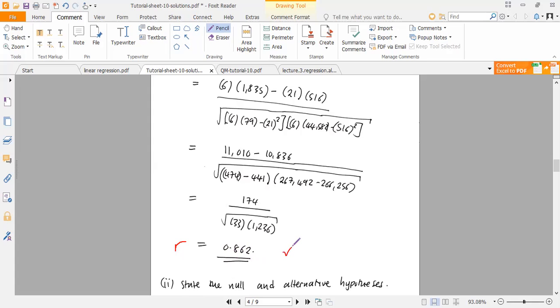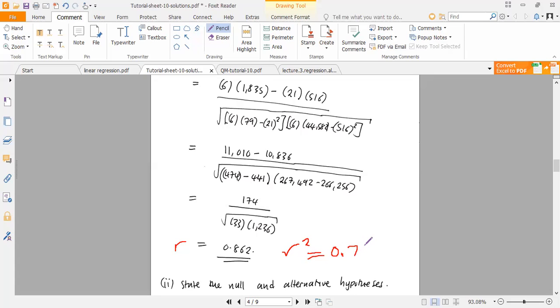When you square it, that's when we're able to tell whether it's strong or weak. So let's try to square this. And what do we get? 0.743.